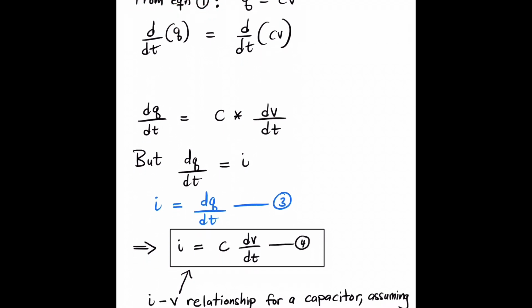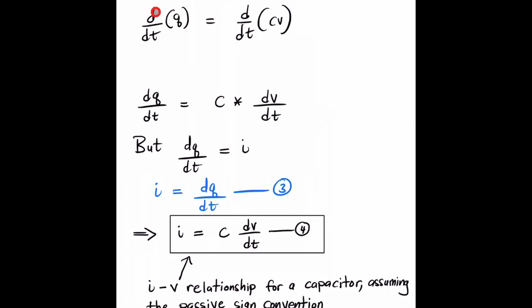From equation 1, we saw that Q is equal to CV. Let's take the derivative of both sides of this equation. So you have d dt of Q on the left-hand side. On the right-hand side, d dt of CV.